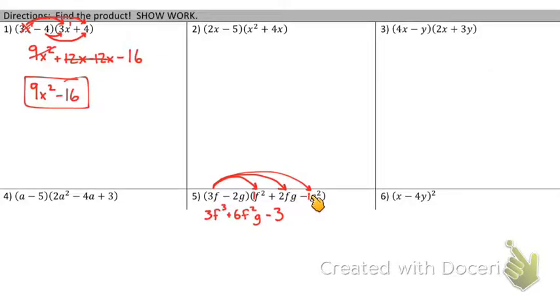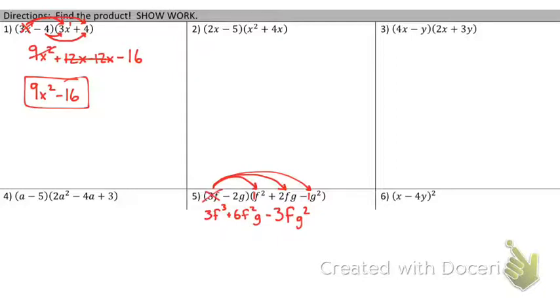There's no f to multiply over here, so we just bring the f in. And then we have a g squared. There's nothing multiplying with the g squared, so it just comes in here. Okay, so we're done with the first term.